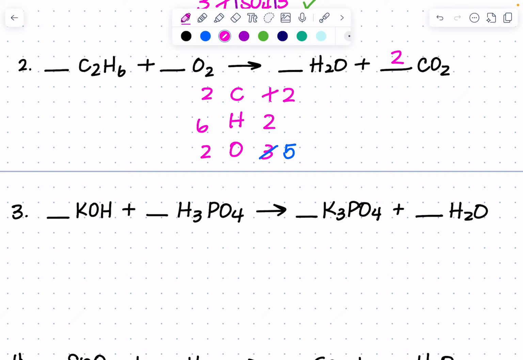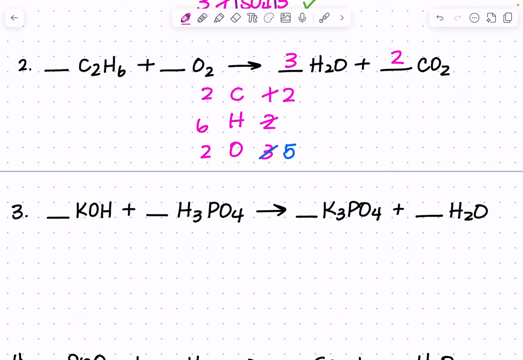All right, so now I can fix my hydrogens. The reason I'm choosing hydrogen and not oxygen is because right now I have an odd and an even number. I'm going to fix my hydrogen to see if that remedies that situation, because it's harder to deal with if I have an odd and an even number. Right, so I need 6 hydrogens on the right.